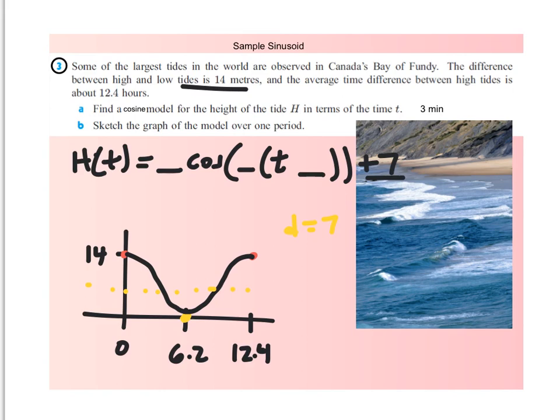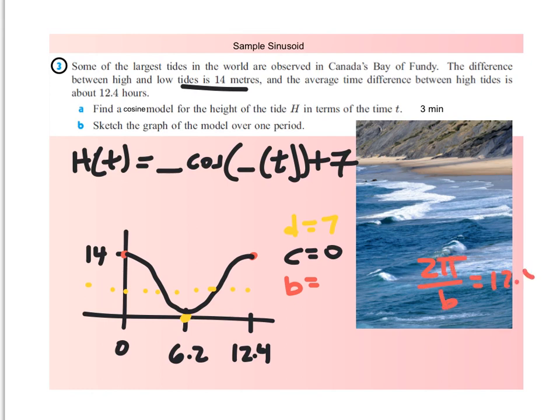Let's go to C. There is no horizontal shift, so I could just get rid of this piece altogether, because cosine starts right there at t equals 0 at its maximum value. So C equals 0. We've got some work to do for B. We want 2 pi divided by B to equal 12.4.